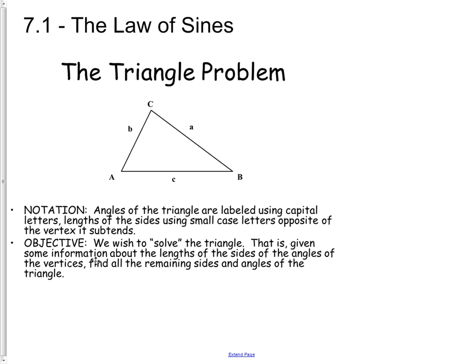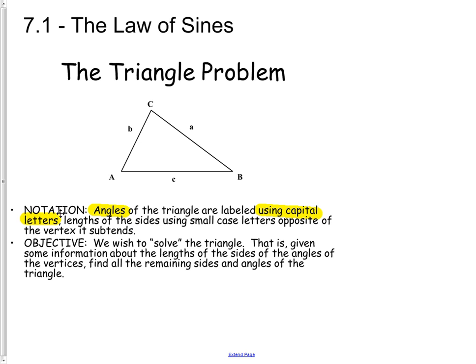So, our objective here is we wish to solve the triangles. That is, given some information about the lengths of the sides or the angles of the vertices, find all the remaining sides and angles of the triangle. And we'll note that angles in the triangle right here, and I'm going to use a highlighter here for this, angles are labeled using capital letters.